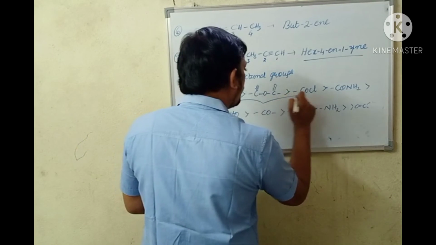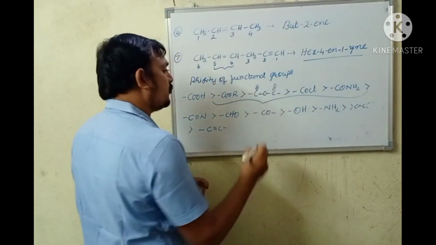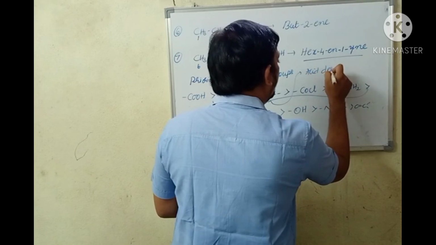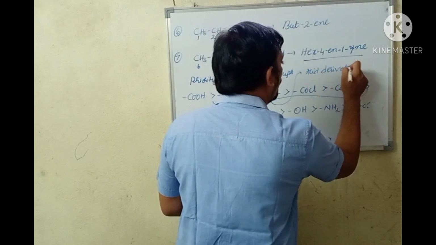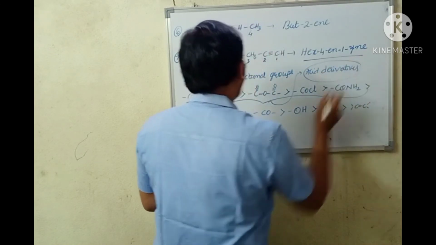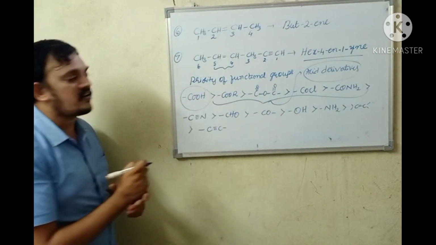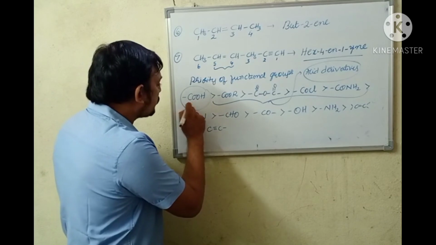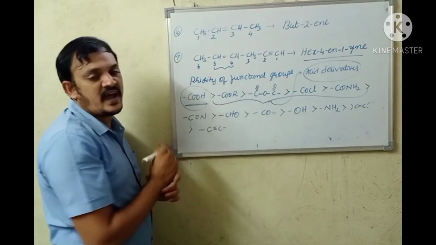COOR, (RCO)2O, COCl, CONH2 are all called acid derivatives. That means these compounds are obtained by chemical reaction of carboxylic acids. Out of all the functional groups, carboxylic acid gets the highest priority.